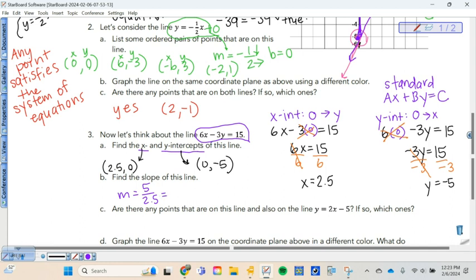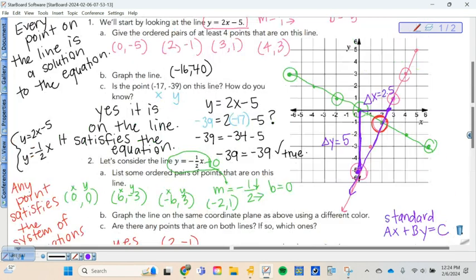What's 5 divided by 2.5? 2. Yeah, 2. So if my slope is 2 and my y-intercept is at negative 5, what's my equation of this line in slope-intercept form? Does that look familiar? Yeah, it's the same exact equation as we had in number 1.